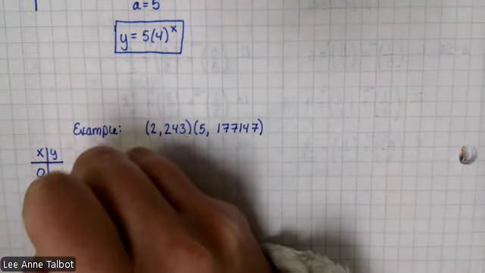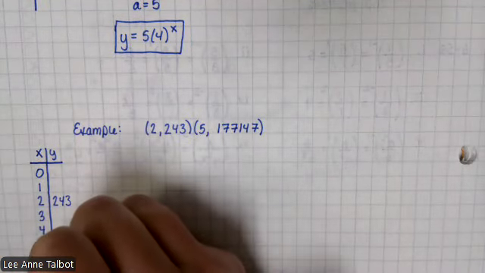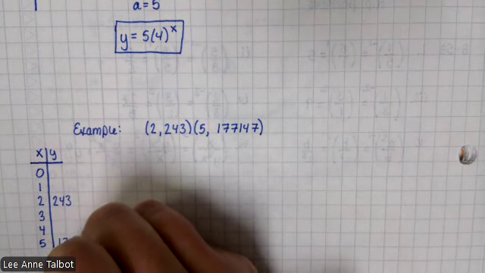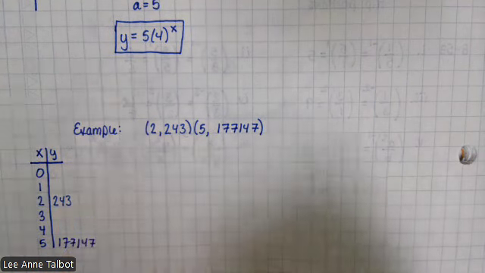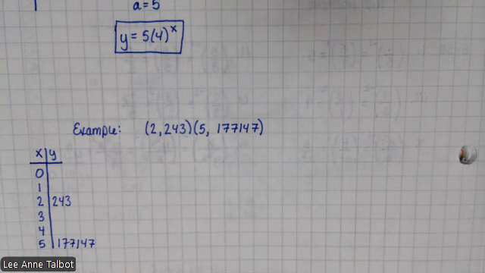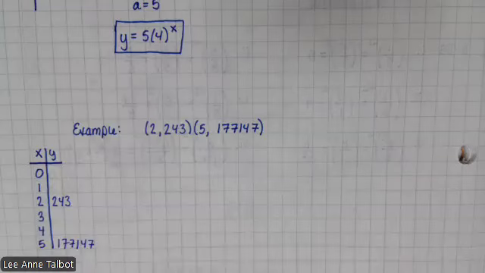And then 2 is 243 and 5 is 177,147. Again, your table has to have a spot for zero. So if your points don't have zero between them or in them, you have to backtrack the table to zero or forward track it. You have to have zero.